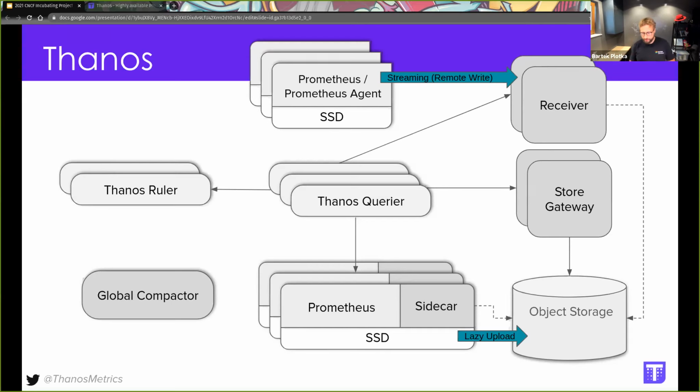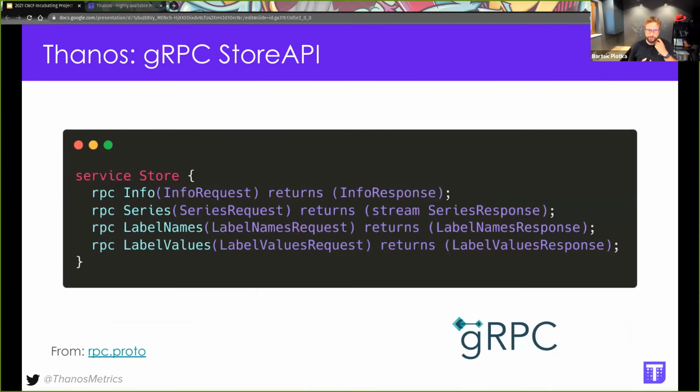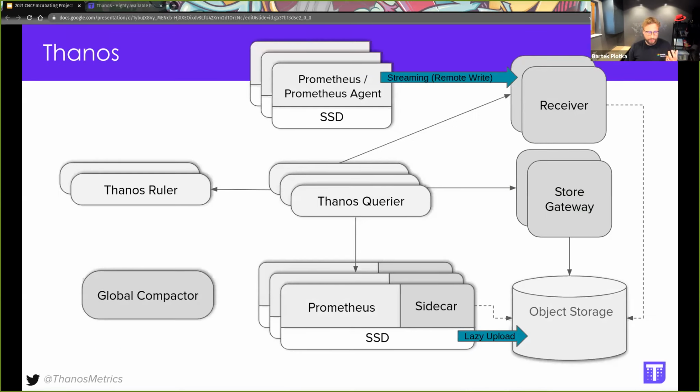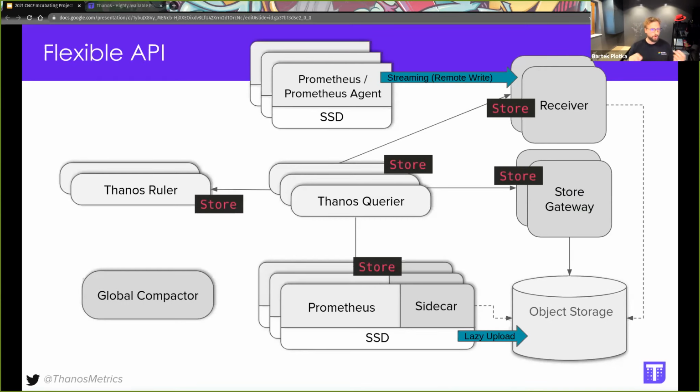But there is a certain concept I would love to share here, which allowed us to evolve in an easy and simple fashion, so everyone is not lost after those changes, right? One thing that allowed us to do this is the gRPC framework and API that we developed. We call it Store API. It is very simple, but what is really amazing here is that all of those components which store data and give those series, those metrics, to the global query evaluation Thanos querier have the same API.